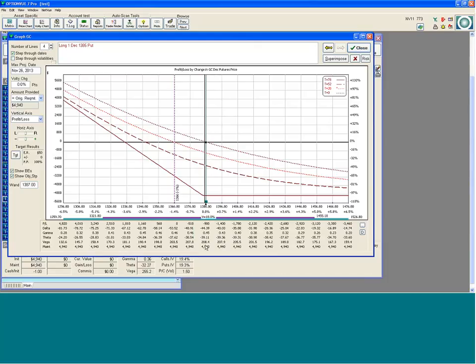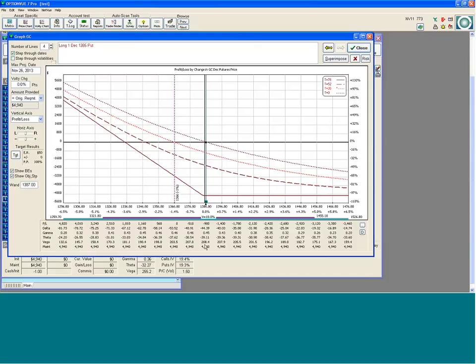The other very significant factor in this case is the Greek variable called vega. And in this case, it's 208.4 at an unchanged level. That is a dollar figure, just like the theta is a dollar figure. And delta is a percentage figure.